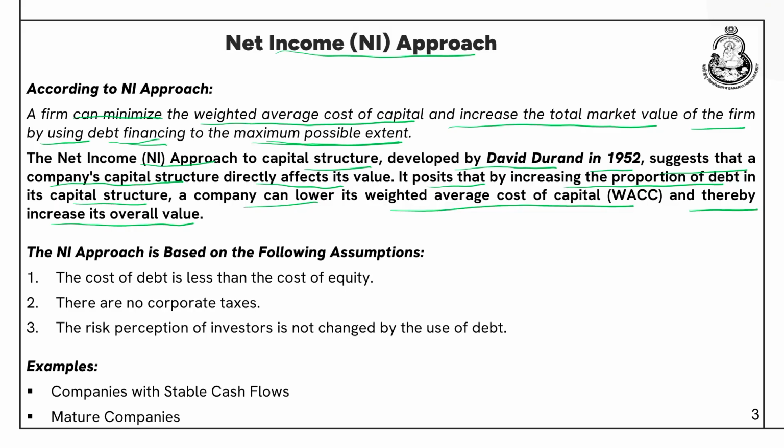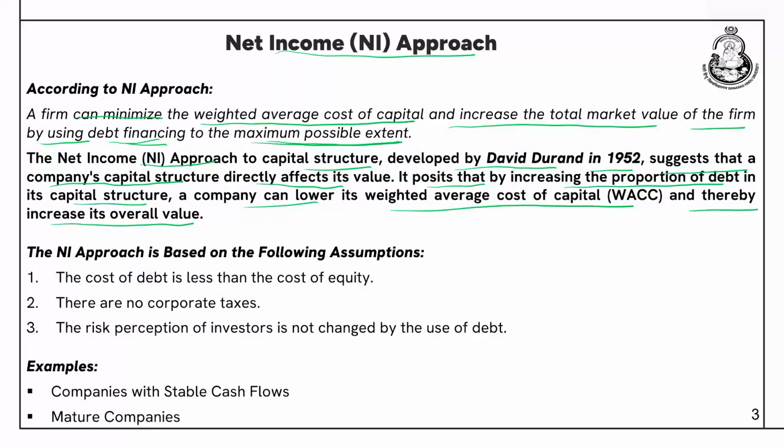So, here we are saying that the company can use a larger proportion of debt because debt is a cheaper source of finance, and it can reduce the cost and increase the market value of the company. This is what this theory says. So, it directly tries to link and says that there is an optimal capital structure and the company can reach that optimal capital structure, right.